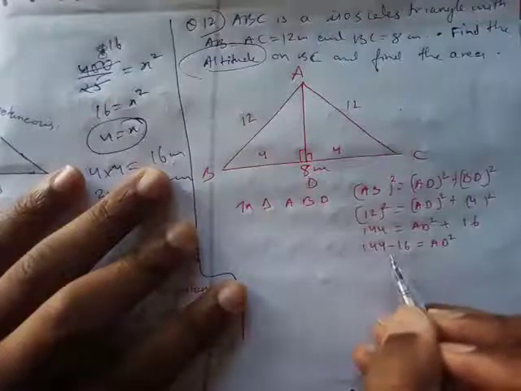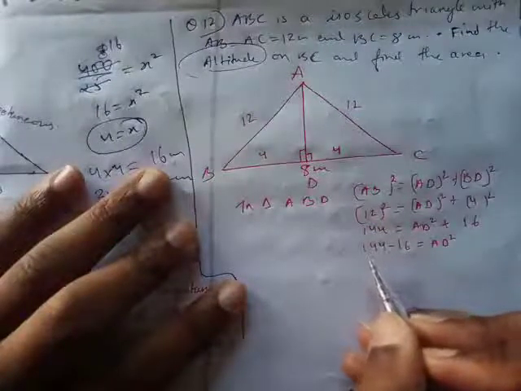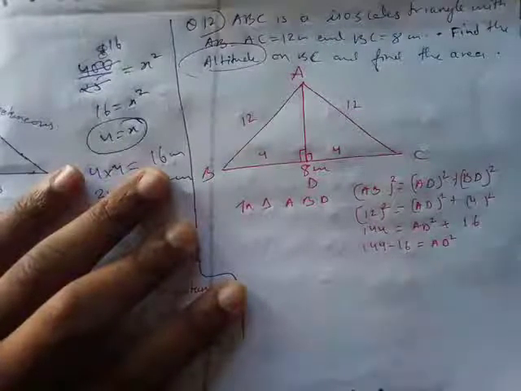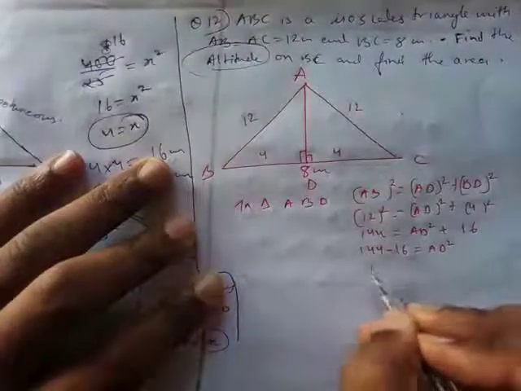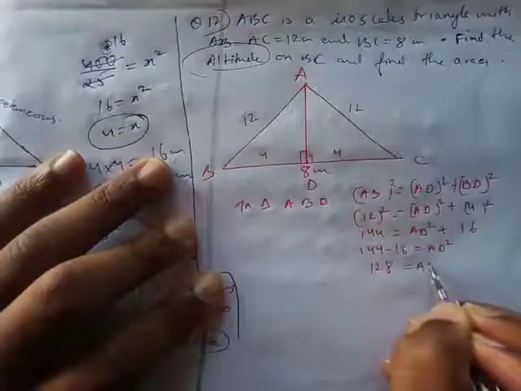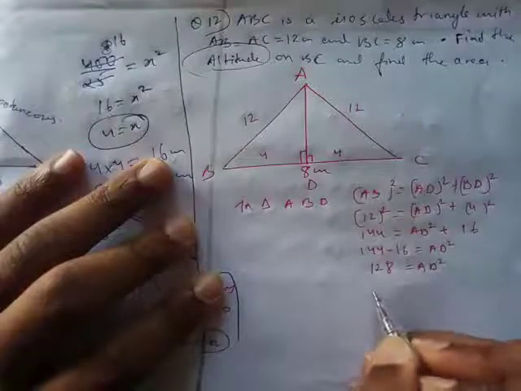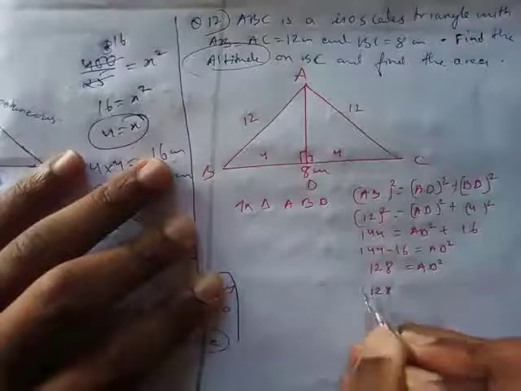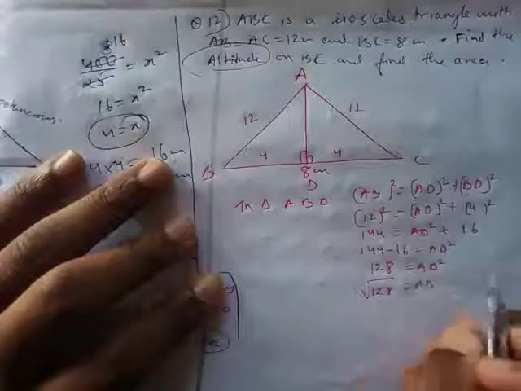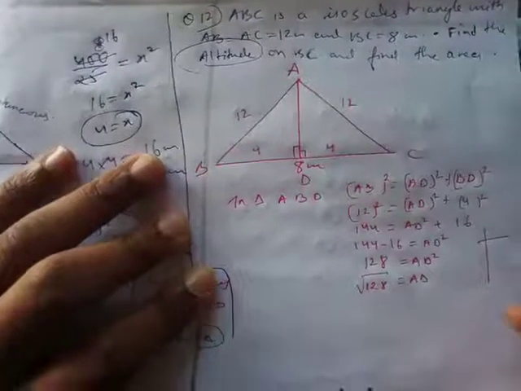So what is the answer that I am going to get? If I subtract this by 16, I'll be getting 128 equals to AD square. Square goes on that side, so square root of 128 is AD. Now 128, I can find the prime factorization.